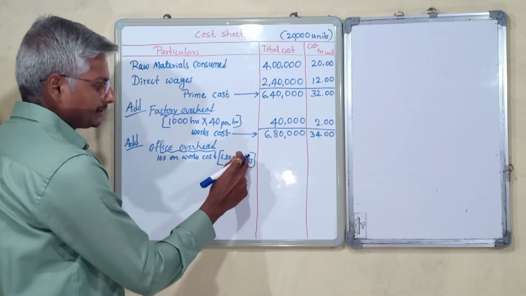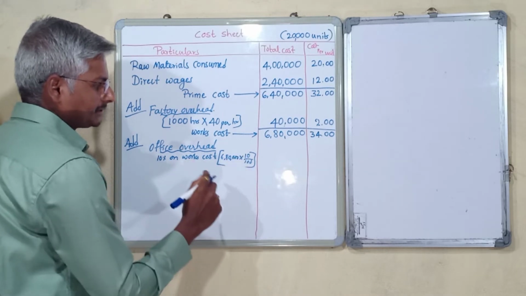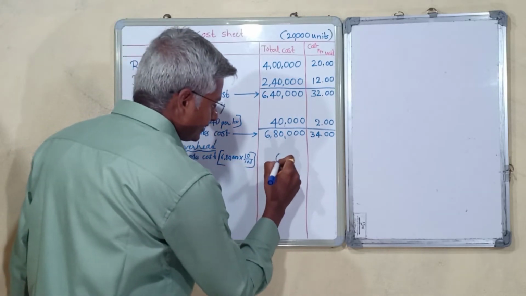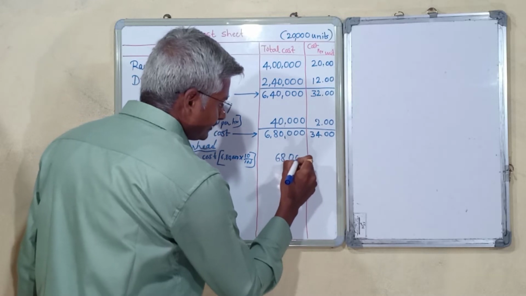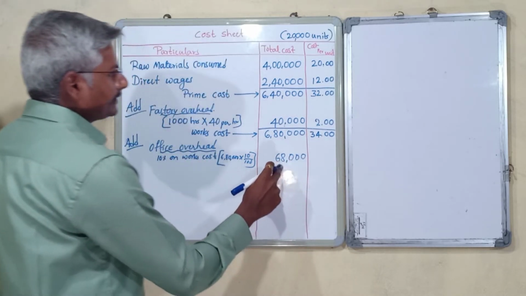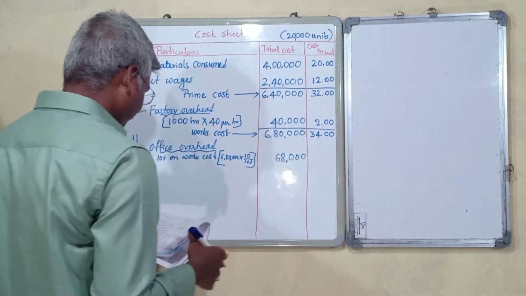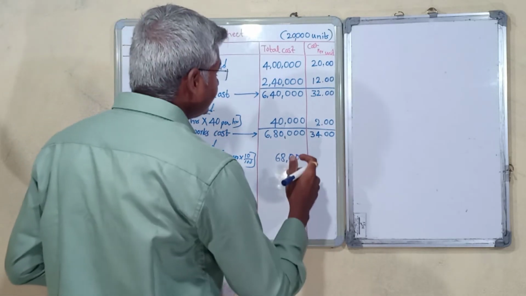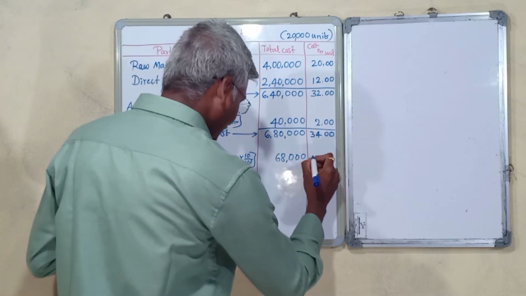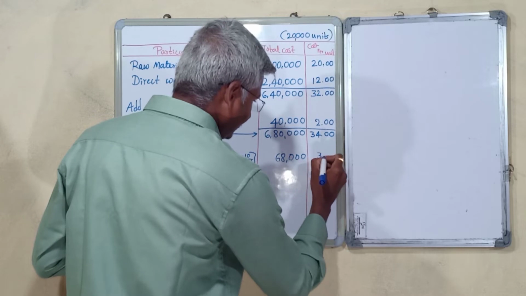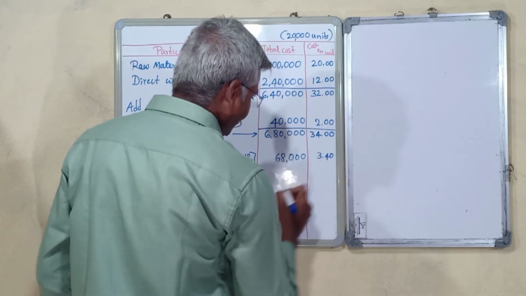So 6 lakhs 80,000, 10% is 68,000 rupees. 68,000 divided by 20,000 units we will get 3 rupees 40 paisa.